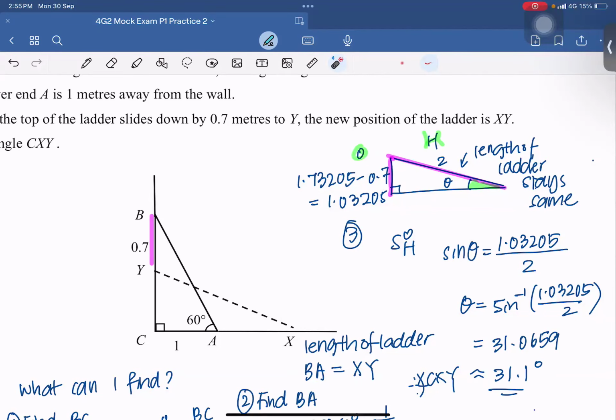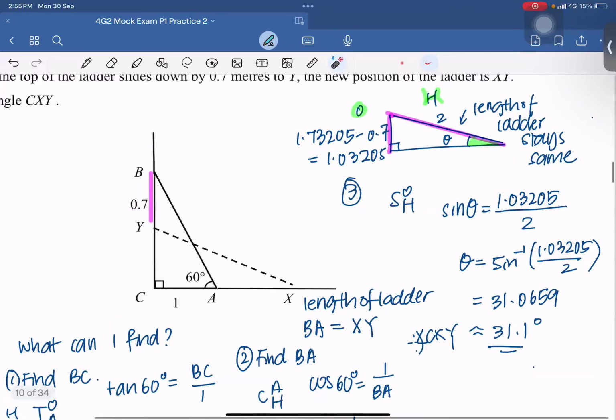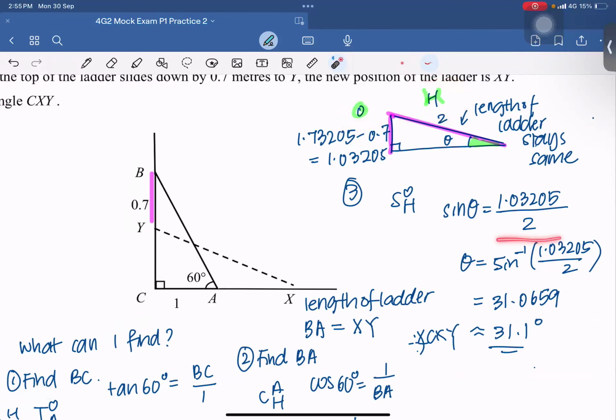Then I use Tokasu. O over H, sine inverse, answer. By right, sine inverse gives two answers, one acute, one obtuse. But obviously, this question is asking for the acute angle, so I only gave one answer.